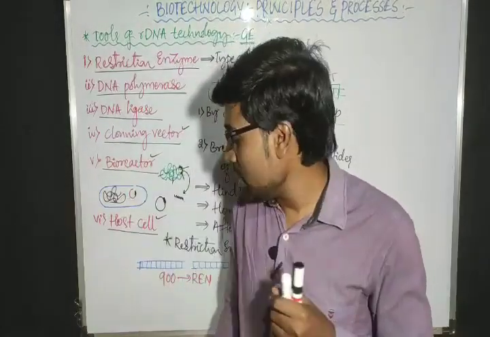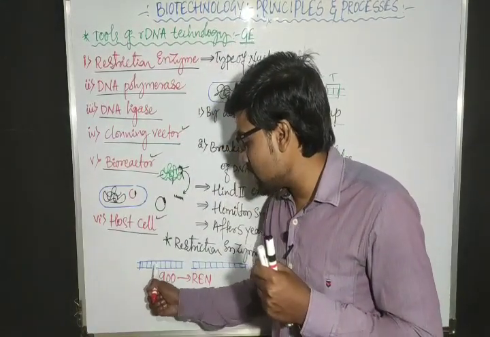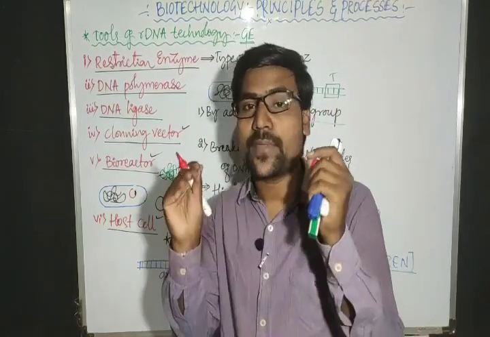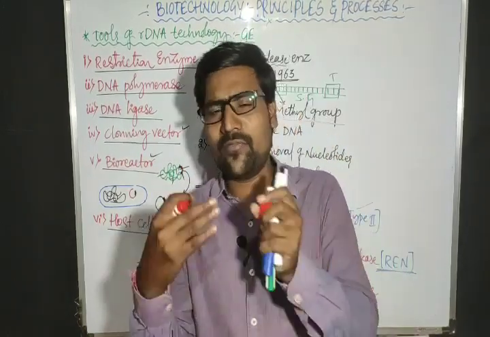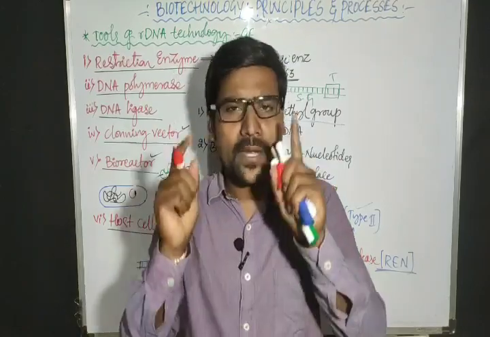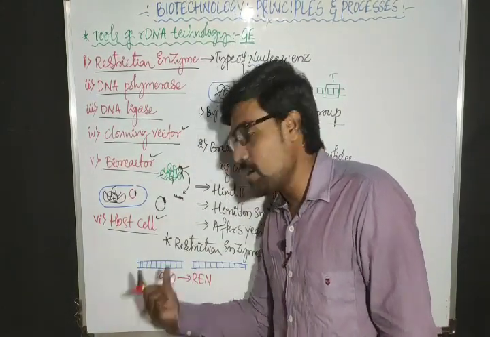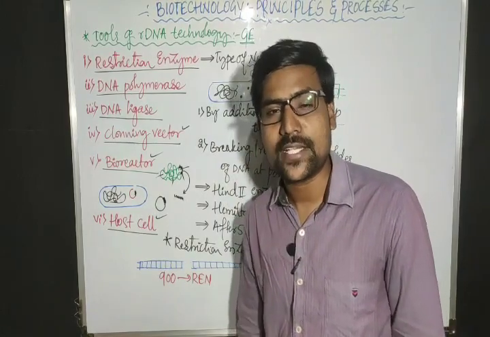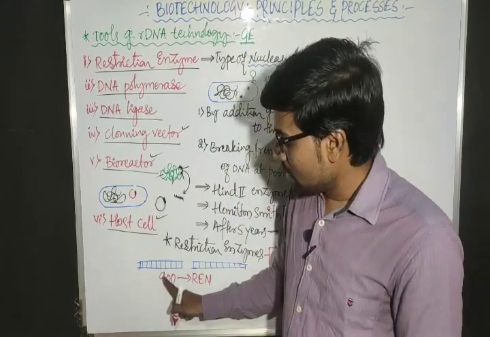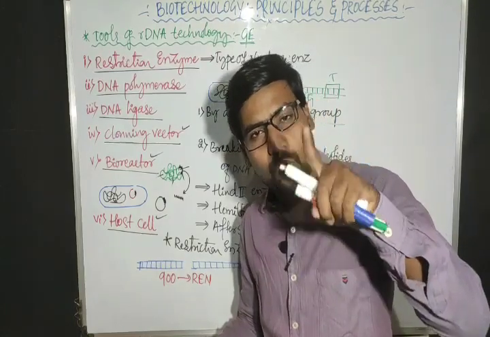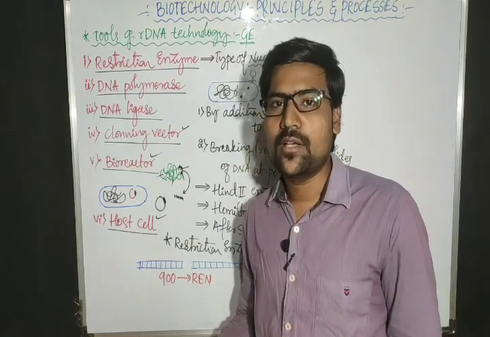How many enzymes? Majorly 900 restriction endonuclease enzymes, isolated majorly from bacteria, or even from other microorganisms also, but majorly bacteria. And one enzyme is going to cut the DNA at one particular location only.